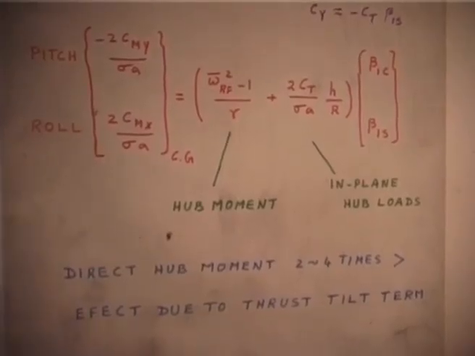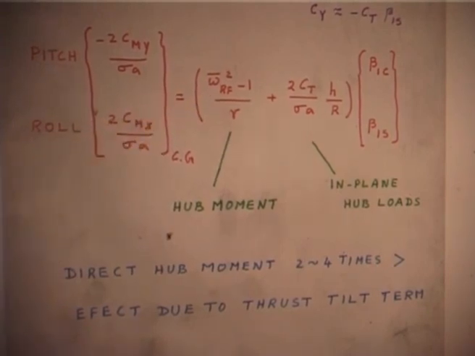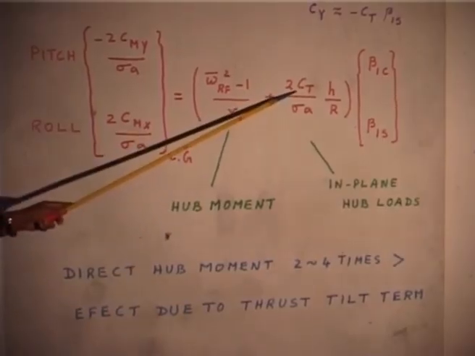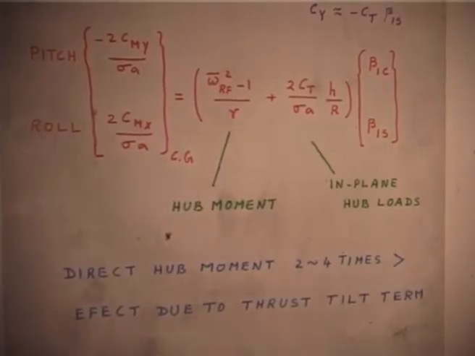Now, you see if the pilot wants to do a good maneuver, which moment is good? Suppose if you make my flap frequency equal to 1, that means this term is gone, I do not get any hub moment. He has to fly only with this CT, only by thrust tilt. That is why in a helicopter you do not go to a 0 thrust condition. That is the inverted loop.